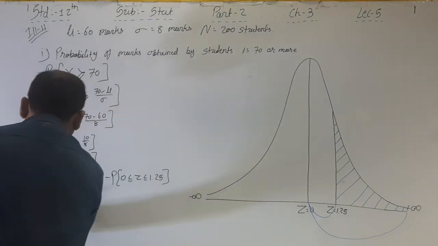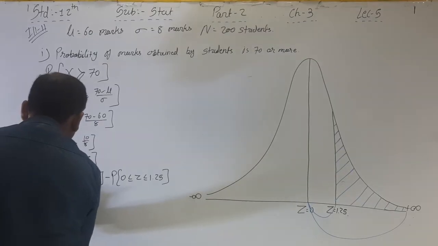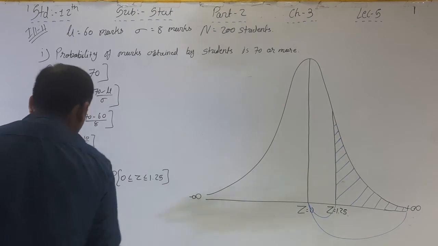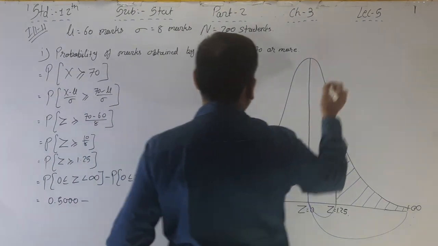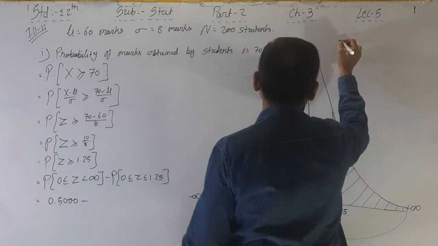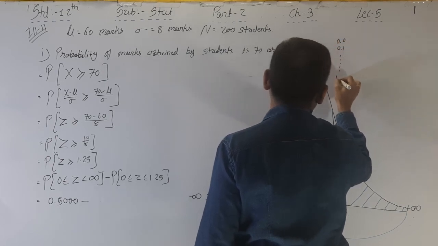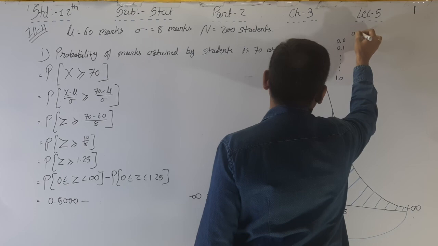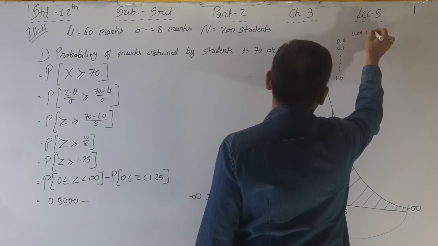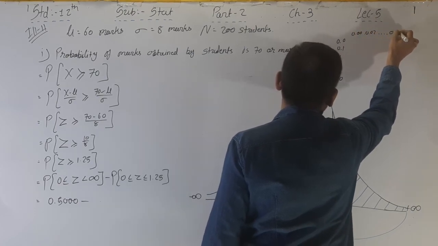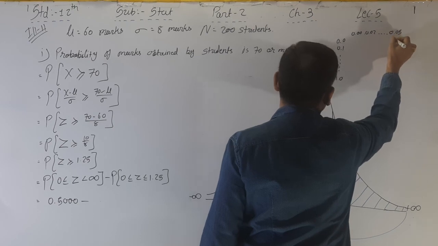Okay, so here again this one is 0.5000, and how can we see 1.25? In the table, 0.0, 0.1 down to 1.0, and 0.00, 0.02 across to 0.05.